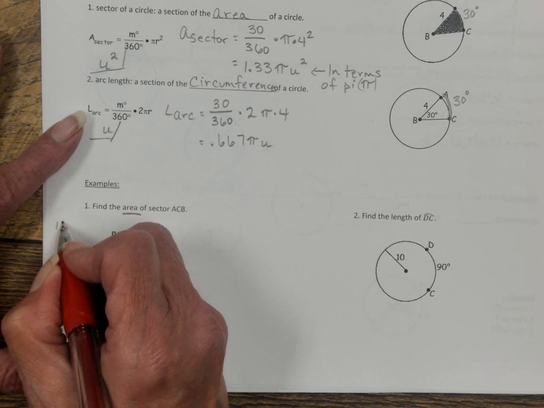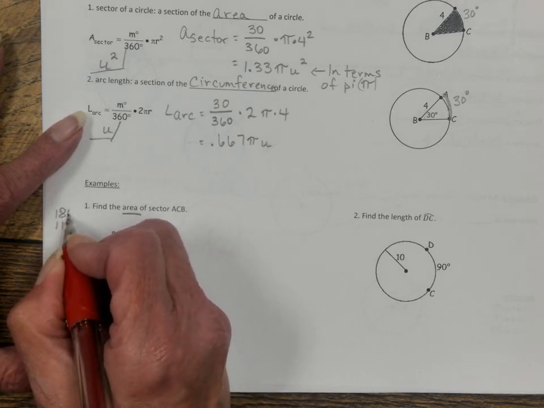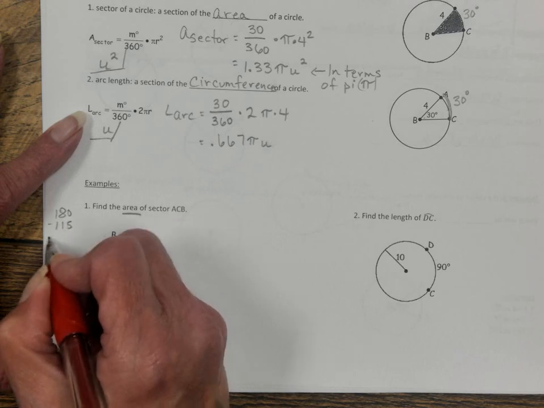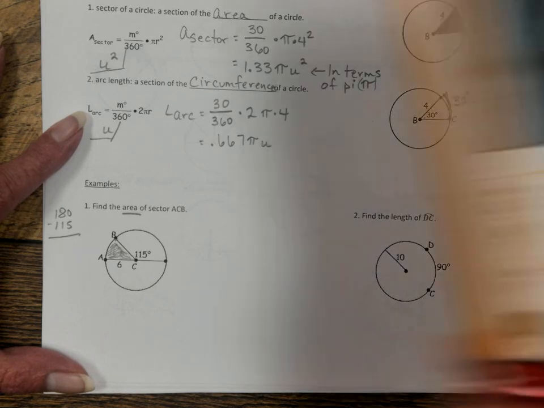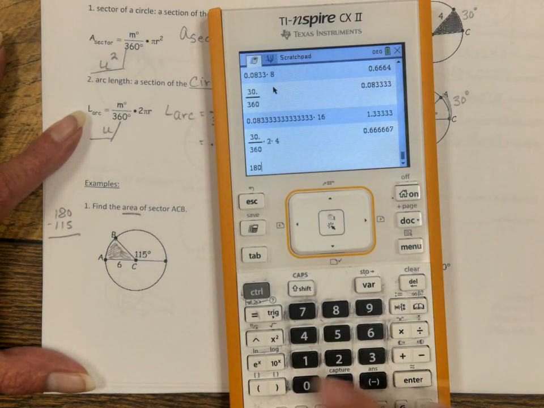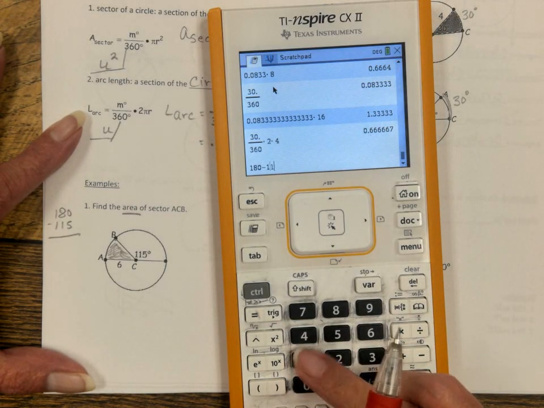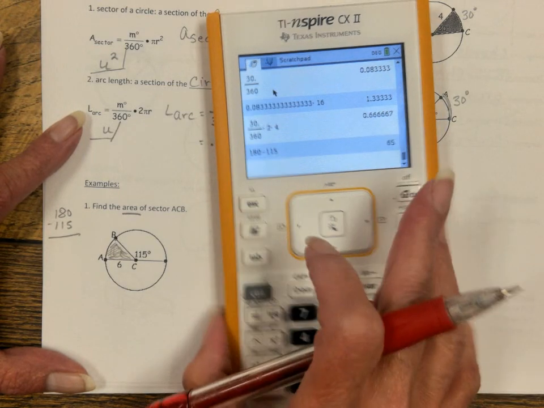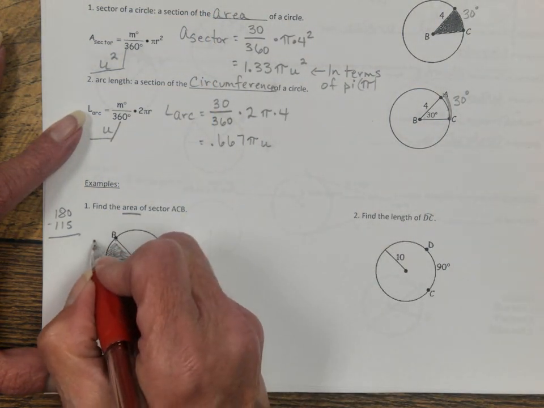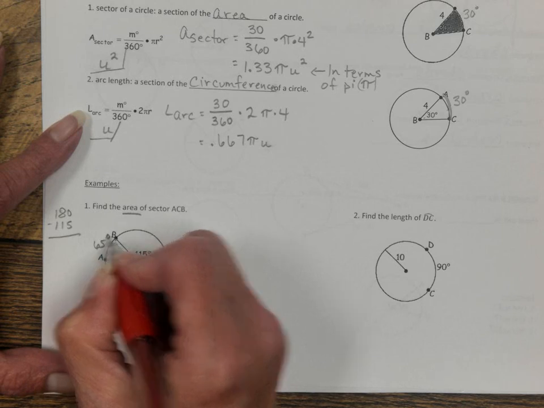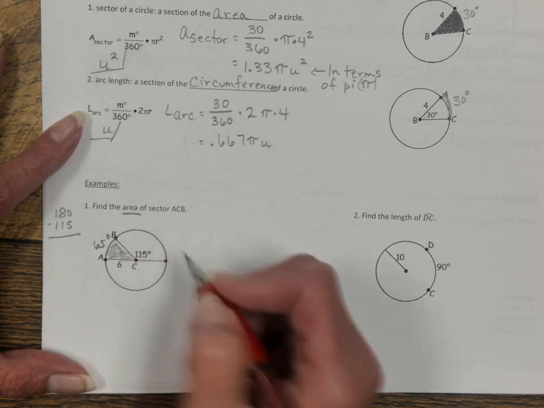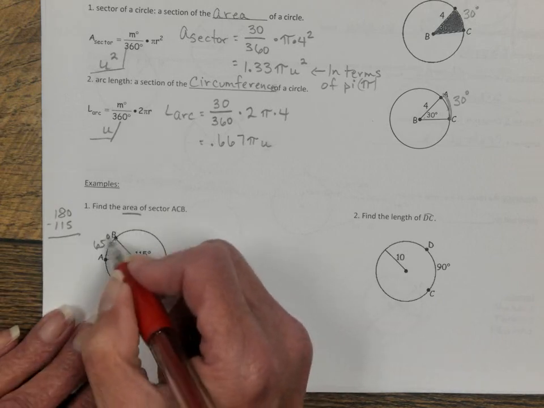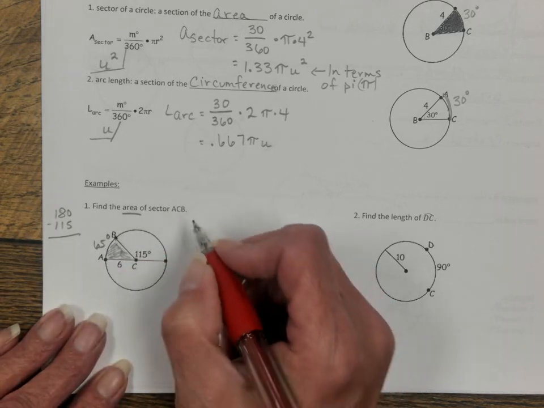So the first thing I'm going to do is take 180 and subtract 115 from it to give me that angle measure. So 180 minus 115, 65. So that is 65 degrees. That is the portion of the circle that this wedge carries out.